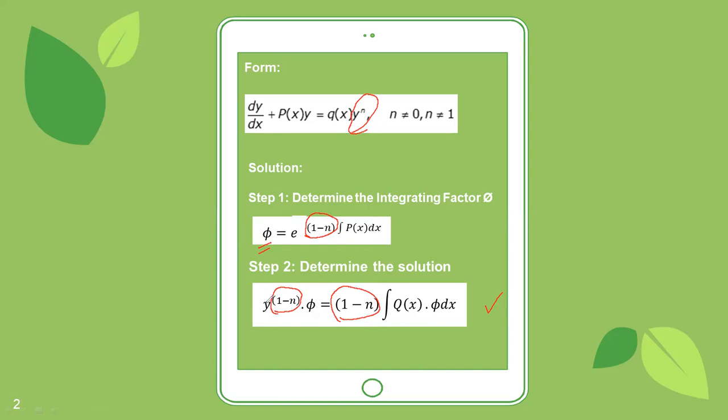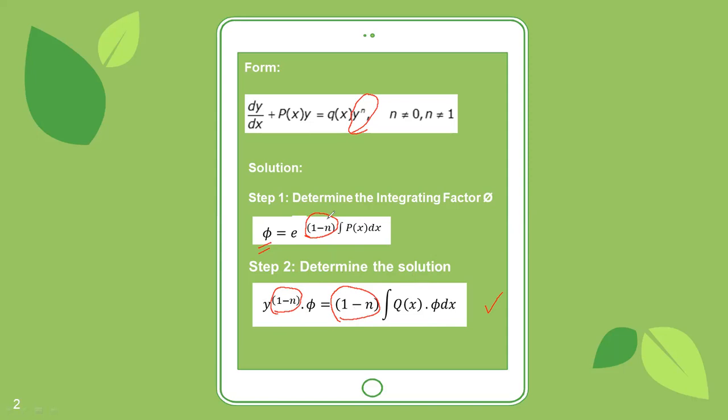The formula for determining the solution of your Bernoulli's equation has already 1 minus n to your y. So in your linear DE, this is just simply y times phi, the product of the y and the phi. Now you have y raised to 1 minus n times the phi. And on the right side, you have 1 minus n times the integral of q of x and phi product in here. So in your linear, you don't have this 1 minus n. So that's the only difference.